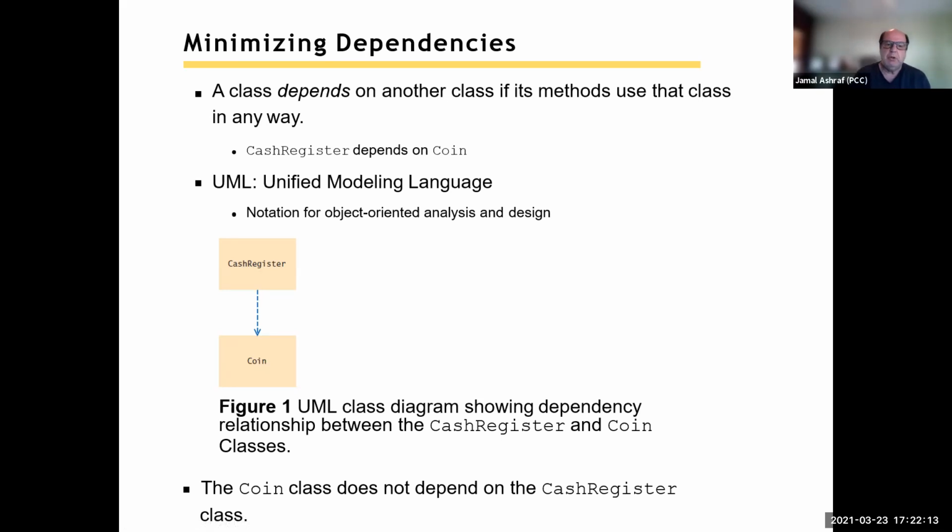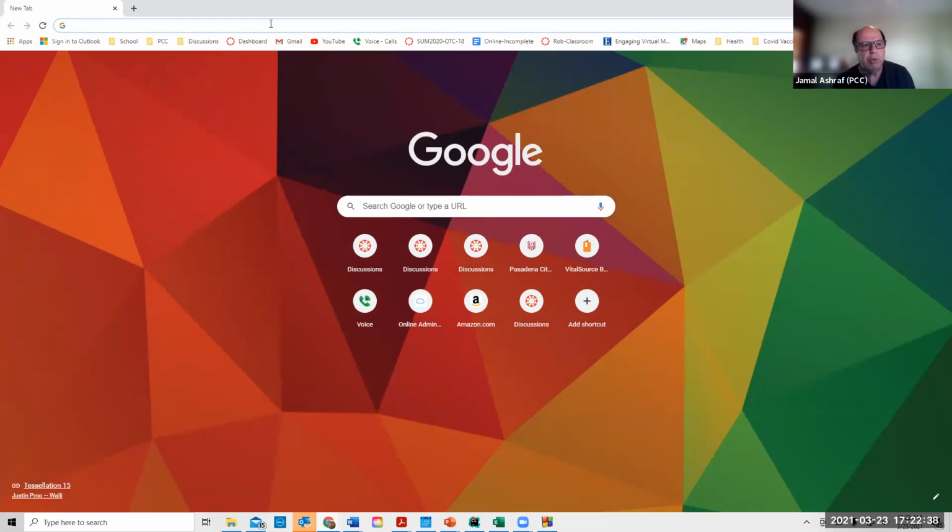We have something called the UML, Unified Modeling Language. We can use Visio from Microsoft, which is available to you as a student for PCC College. And there is another one that is called Draw.io.